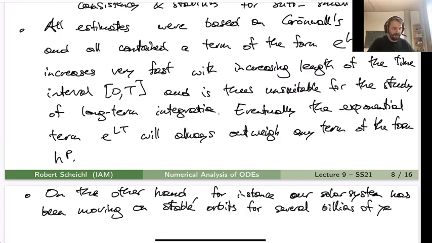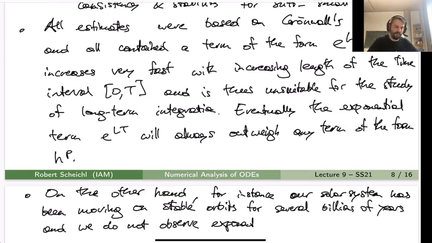So clearly, we do not observe exponential growth of the velocities.